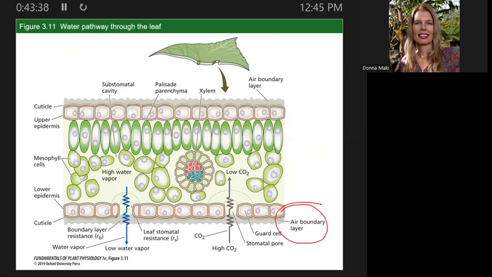The bulk air above it, the air molecules are moving much more than the layer of air molecules right at the physical surface. So all on your body, you have an air boundary layer.